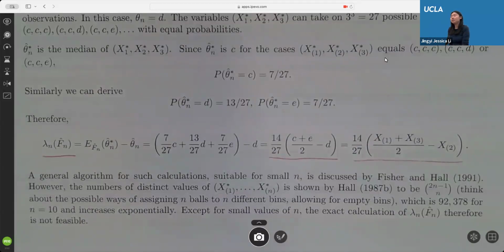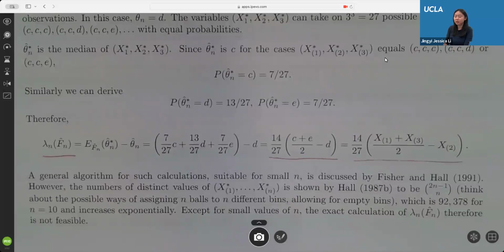So you can see that this is very different from prediction tasks, because for that you do have labeled data. Okay. A general algorithm for such calculations, suitable for small n, is discussed in Fisher and Hall.